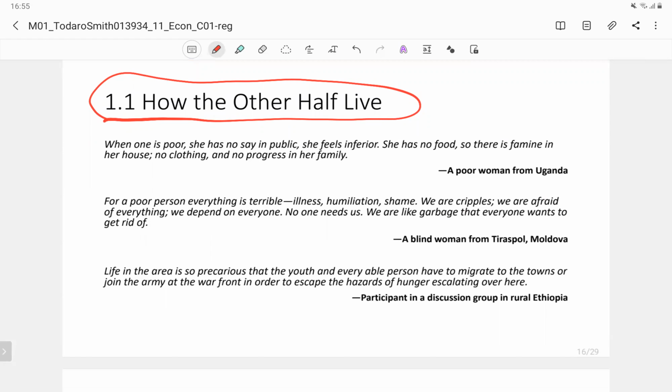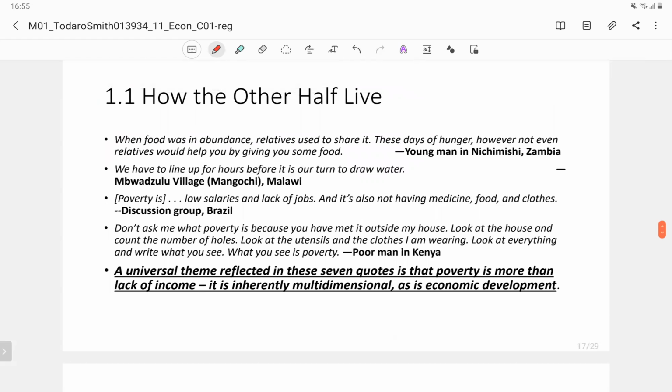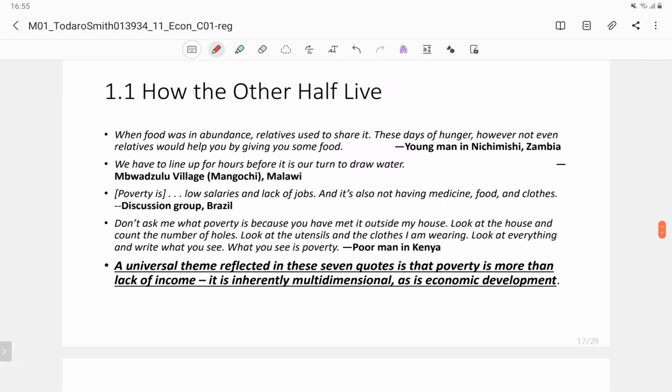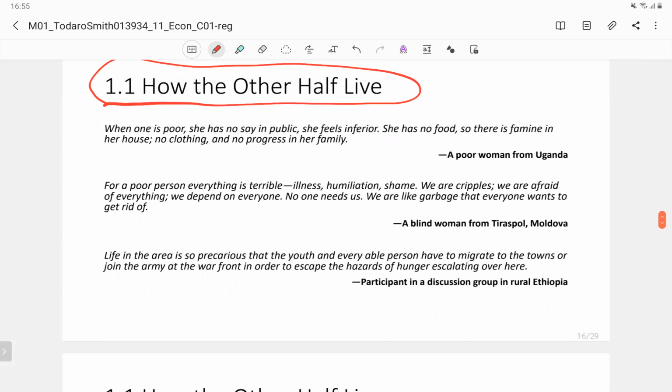There are some quotations here from poor people around the world. I will just read some of them; you can read the rest by yourself. Here is a quote from a poor woman in Uganda: when one is poor, she has no say in public. She feels inferior.